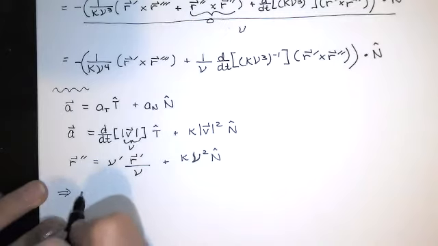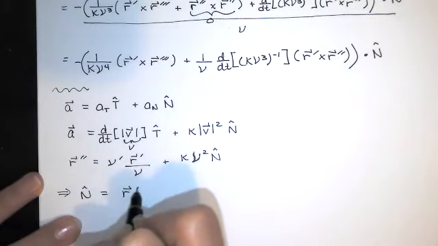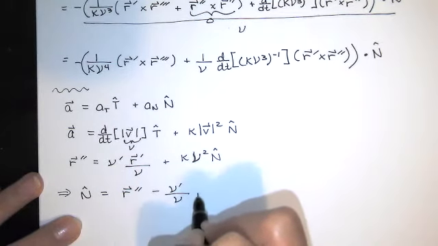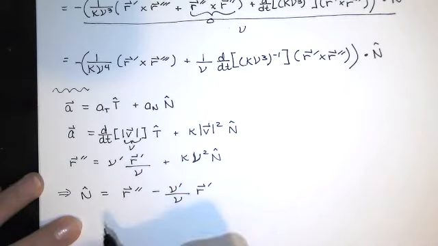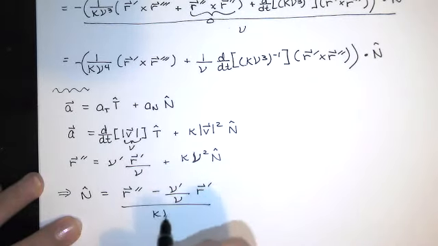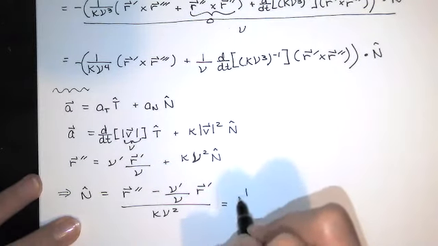So let's take this and solve for n hat. We're going to subtract this guy from both sides, and then we'll divide everything by kappa times nu squared. Or you can write it as an extra factor out front.